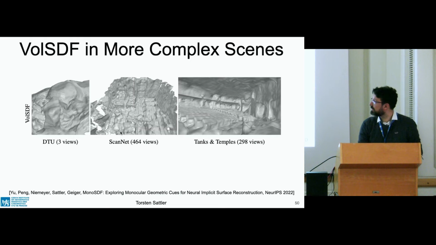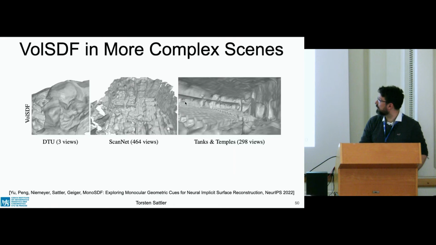Here, this is an indoor scene reconstructed from quite a lot of images, but these images have to cover a larger part of the scene, so each small part is only covered by a few cameras, and then it's hard to properly train the network.